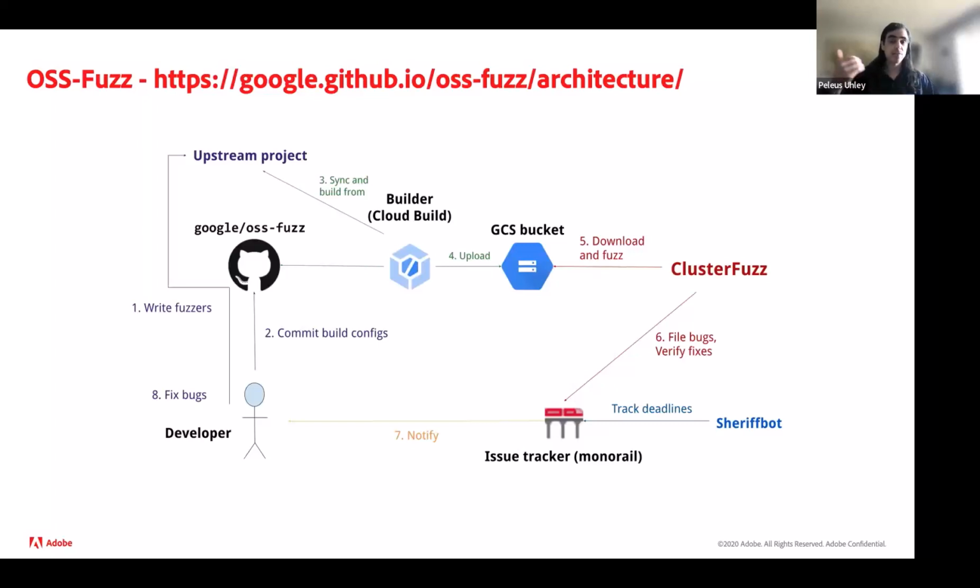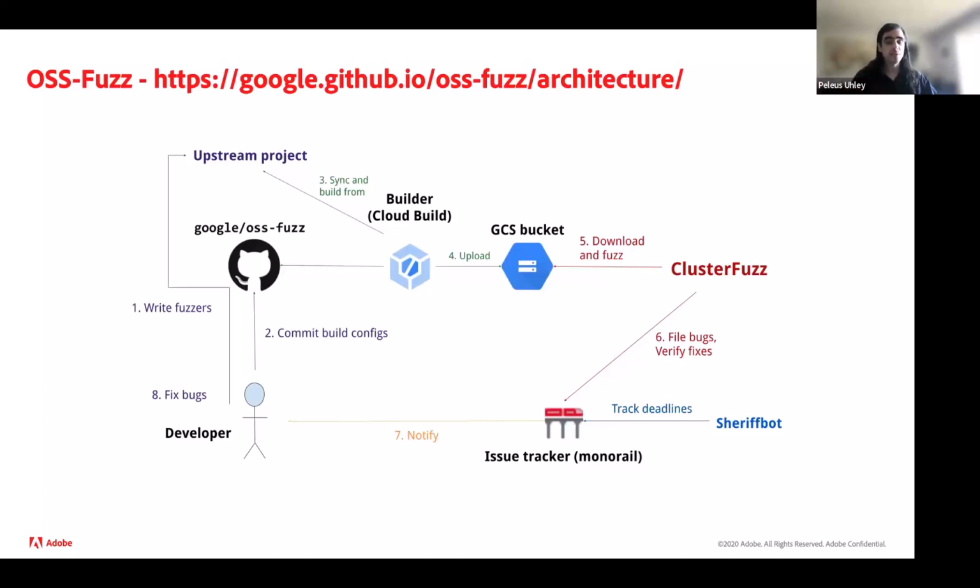ClusterFuzz would download those binaries, orchestrate it out, get thousands of machines going and hammering on them, and then start outputting bugs into a bug tracker called Monorail. Monorail would notify the developer, hey, ClusterFuzz has found some stuff, here are some things you can go fix. And then it sends it off to SheriffBot to make sure tracking happens around those bugs.